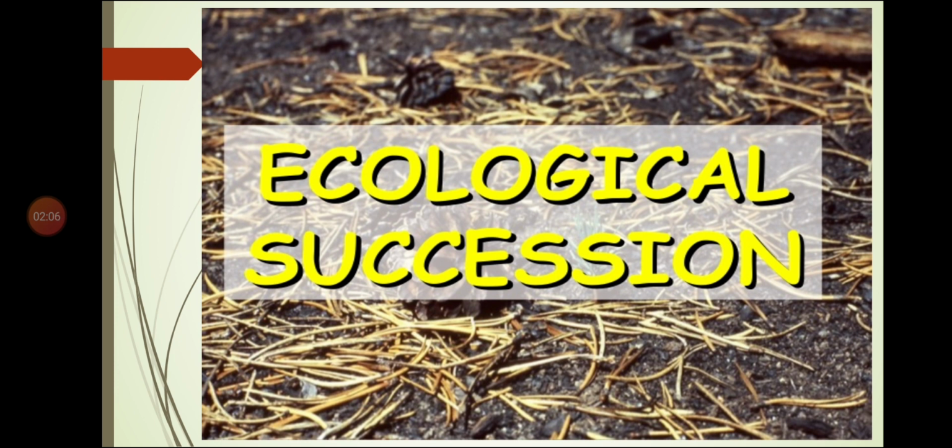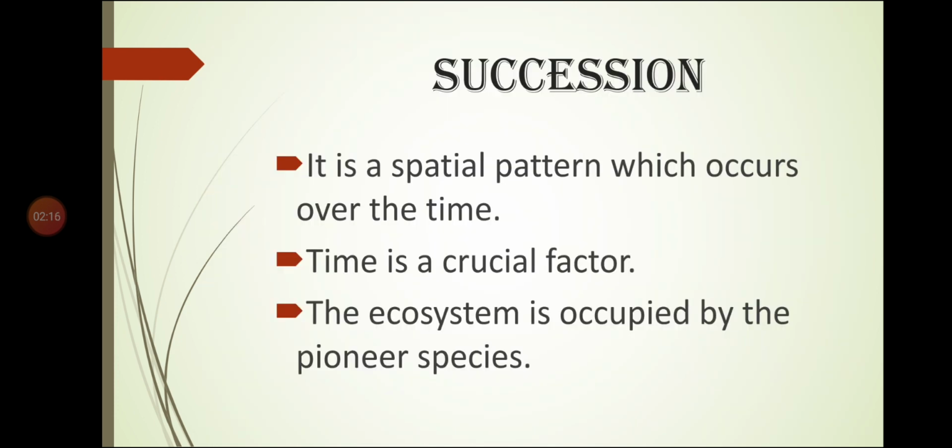In our last lecture we studied the introduction of the chapter. When I say ecological succession, first let us know what is meant by succession. Succession means a special pattern of the ecosystem that occurs over time. Time is a very crucial factor.